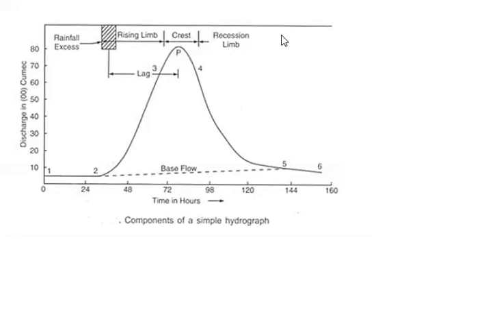This recession limb is also called the falling limb, right? A hydrograph is mainly of two types. One is single peaked and the other is multi-peaked. And the multi-peaked hydrograph is known as a complex hydrograph.